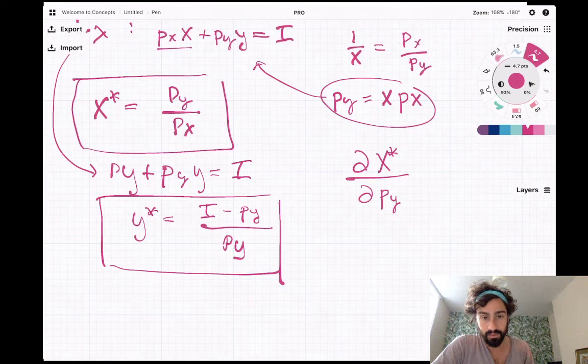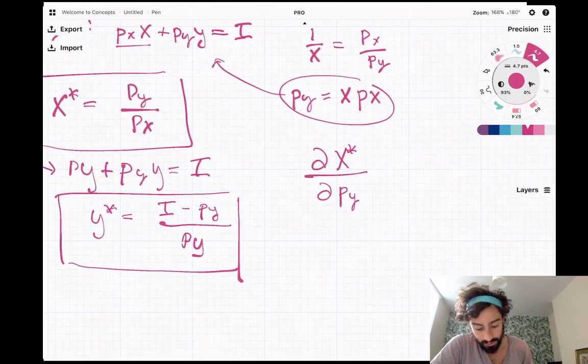So x, in the lecture notes, a bold-faced x is, of course, the Walrasian demand. This would be a flat-faced x, a thin x, and that would mean that it's the x component of consumption. So this is the derivative of the x component of consumption with respect to the price of y. And what is that? Well, it's just dx star over dpy, which is just 1 over px, right?